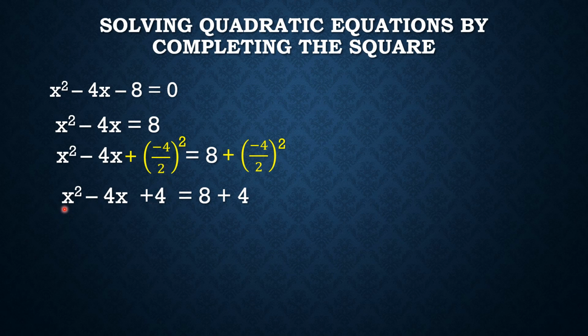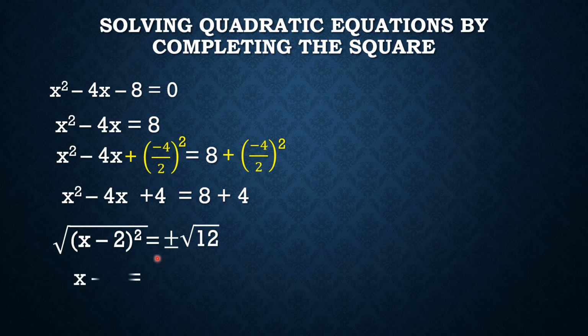Notice that x squared minus 4x plus 4 is now a perfect square trinomial. So meaning, we can express this as a square of binomial. So how do we factor a perfect square trinomial? We simply take the square roots of the first and the last term and the sign of the middle term. So we have x minus 2 and then we square it, equals 12. By taking the square roots on both sides, we have x minus 2 equals the square root of 12.